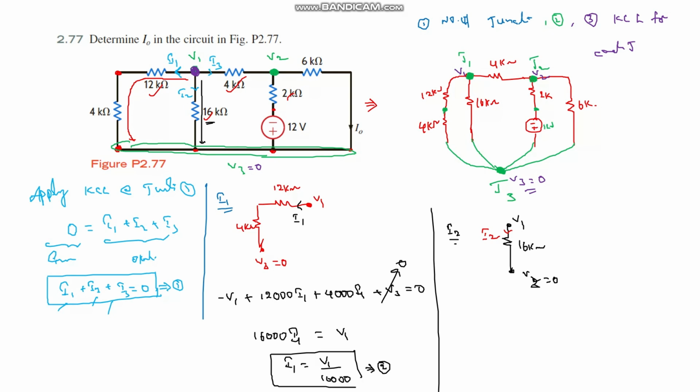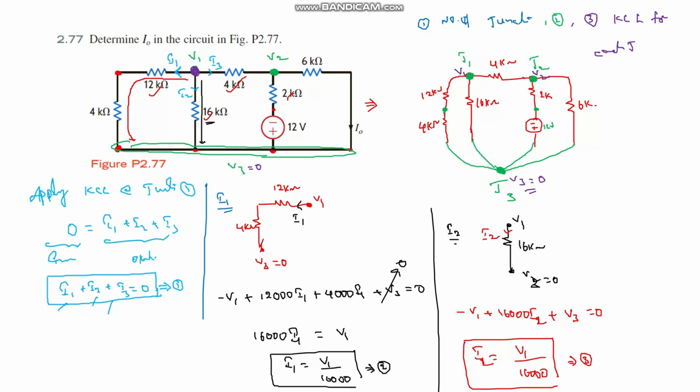Now apply KVL for this. Minus V1 plus 16,000 I2 plus V3 is equal to 0. Then I2 is equal to V1 by 16,000. This is the expression for I2. Let it be equation number 3.